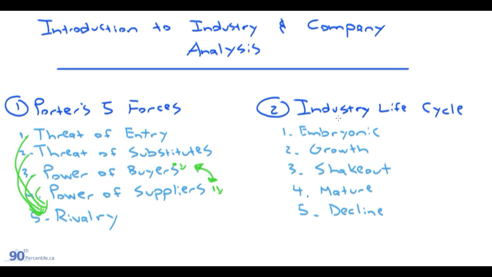So moving on, we're also going to talk about the industry life cycle and the five different stages of the industry life cycle. So this is a little bit different than the business cycle or economic cycle. We're going to go over these in some detail. We have a chart from the curriculum that we'll pull up and describe each of these.